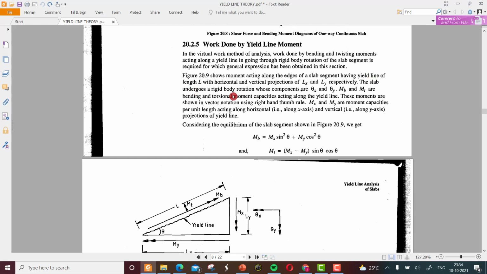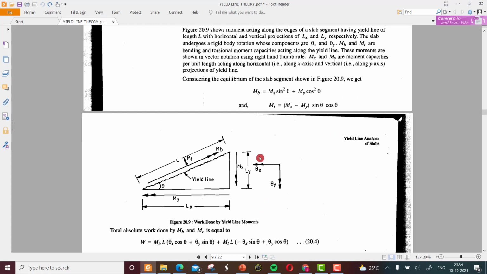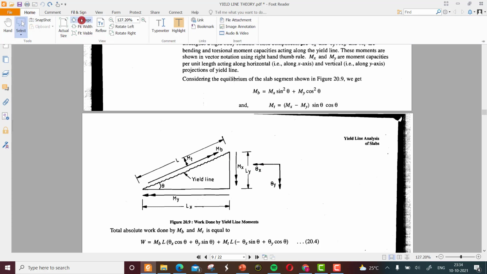The slab undergoes a rigid body rotation whose components are theta x and theta y. So it's given here theta x and theta y. We can see for theta x there are two arrow marks, that means a rotation about this axis.